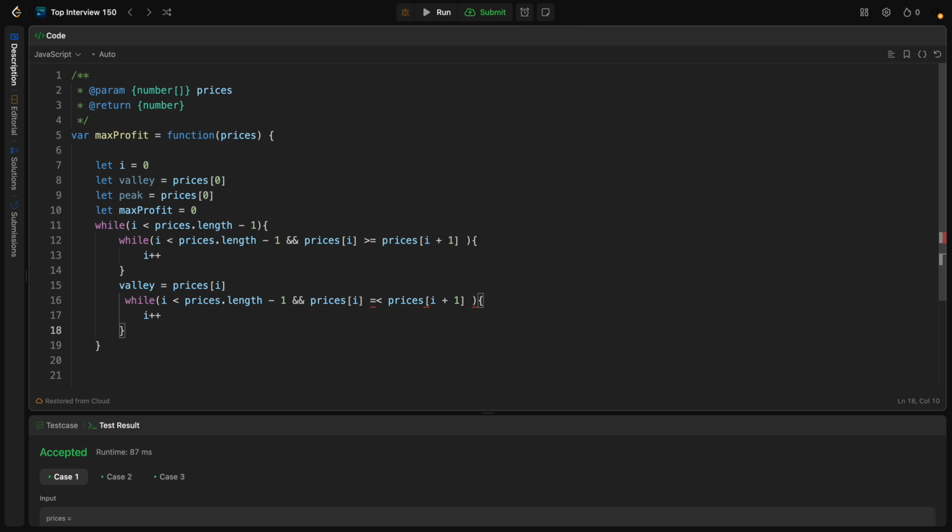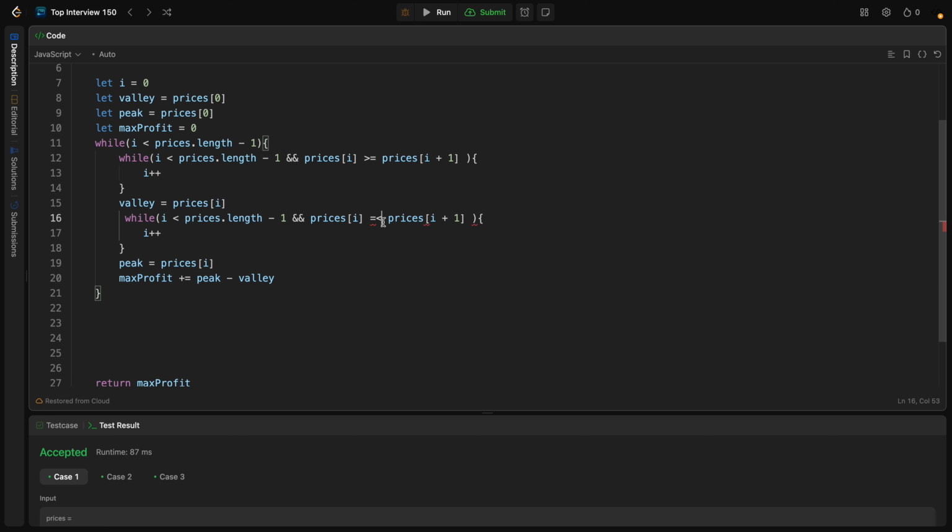It will be I plus plus, and I'll say the peak will equal prices of I. It's exactly the same, and max profit will be plus equal peak minus value.